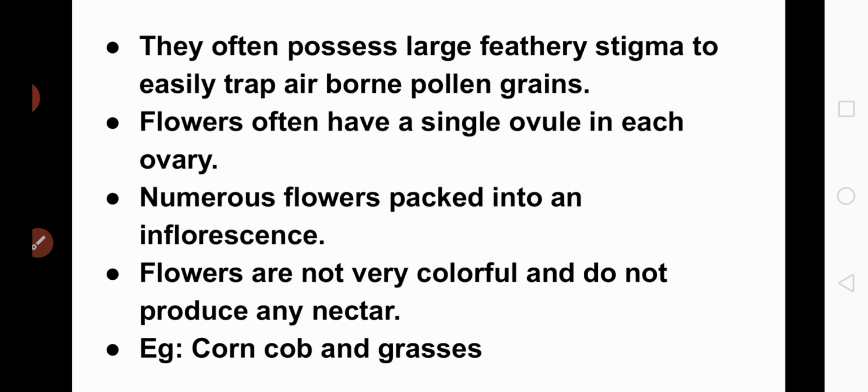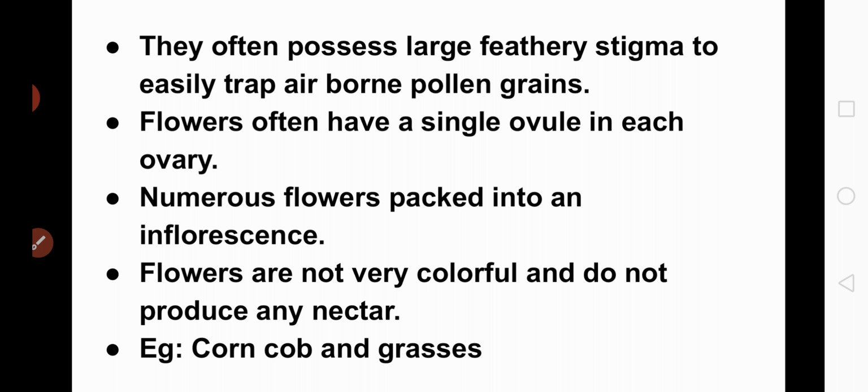Coming to the next character, numerous flowers are packed into an inflorescence. Here many flowers are clustered together to form the inflorescence. And the last character, flowers are not very colorful and do not produce any nectar. So these are the characters of wind pollinated plants.